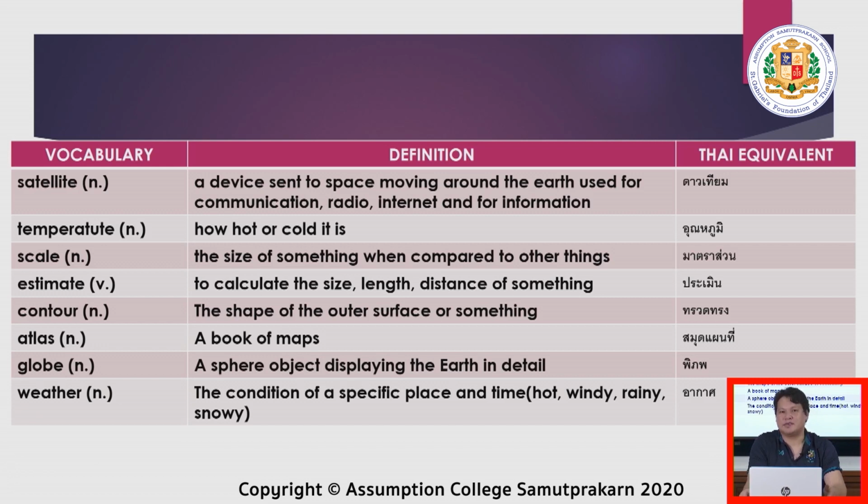If you see a map of Thailand, the contour, the shape of it, looks like an X. Second to the last is globe. A globe is a sphere object displaying the exact replica or duplicate of the Earth. And then the weather. It is the condition of a certain place at a certain time, whether it is hot, rainy, cloudy, snowy. So, weather.